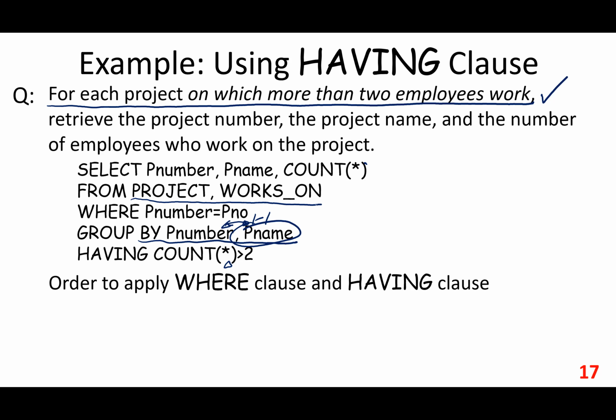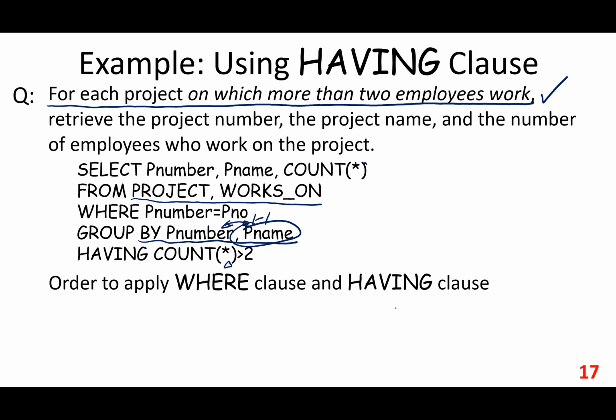All right. So order to apply. Because there is the order, you apply where clause first, then having clause, based on our logic. So with the where clause, we can join 2 tables. We can define groups.